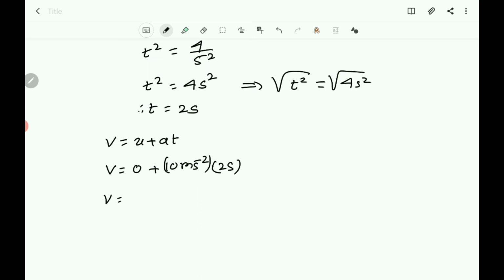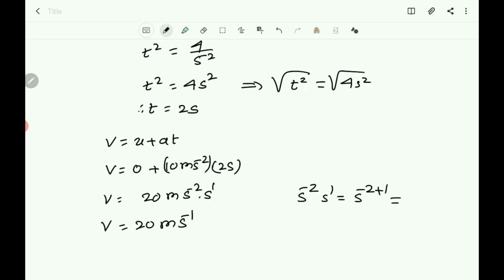Then V is equals to 10 2s are 20 m s to the power of minus 2 into s to the power of 1. So V is equals to 20 m s to the power of minus 1, because s to the power of minus 2 into s to the power of 1 is equals to s to the power of minus 2 plus 1, that is s to the power of minus 1.